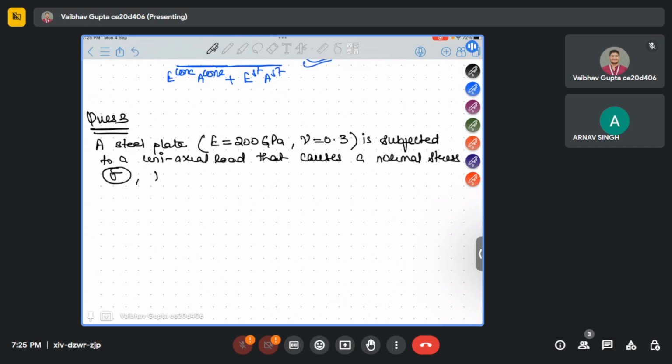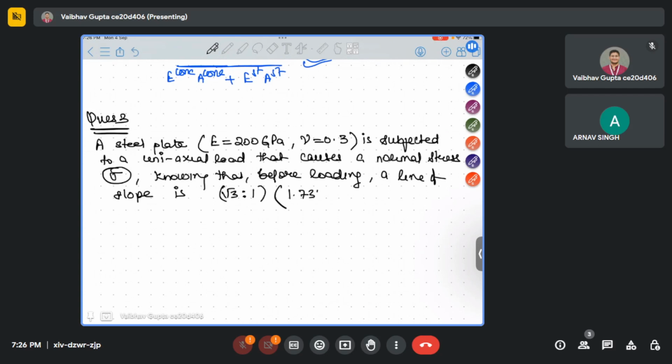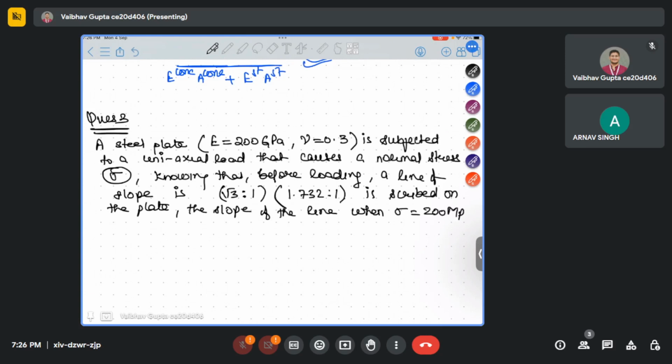Knowing that before loading a line of slope in the ratio of √3:1, if I open √3 it will be 1.732:1, is described on the plate, the slope of the line when sigma is equal to 200 MPa is asked.